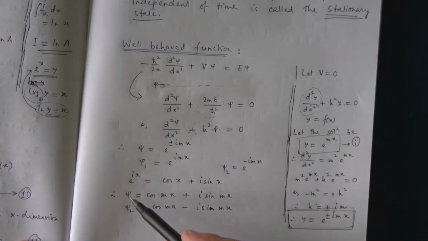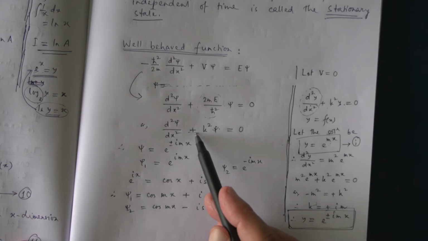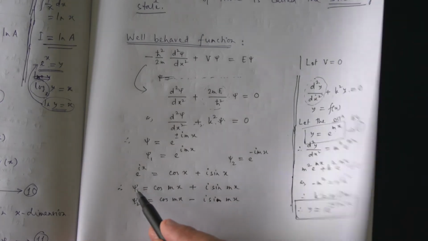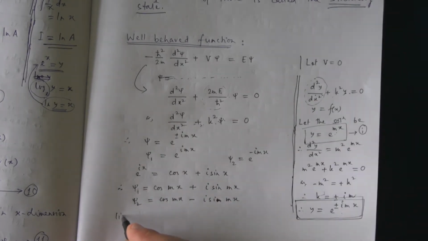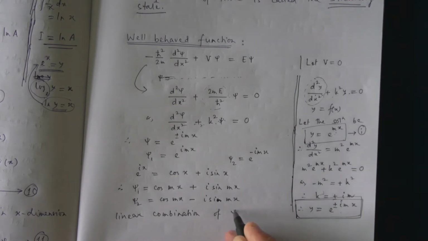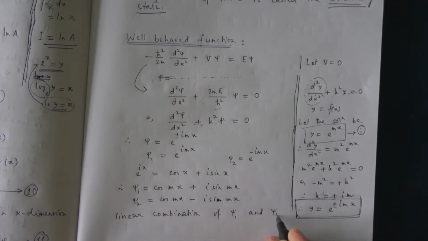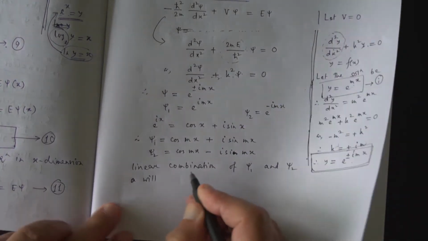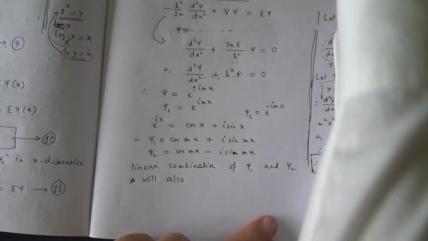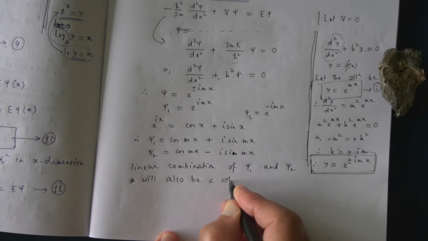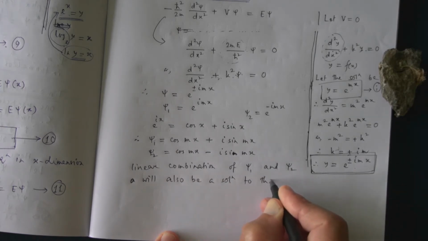If we have two solutions to a differential equation, then we can say that the linear combination of psi 1 and psi 2 will also be a solution to the equation.